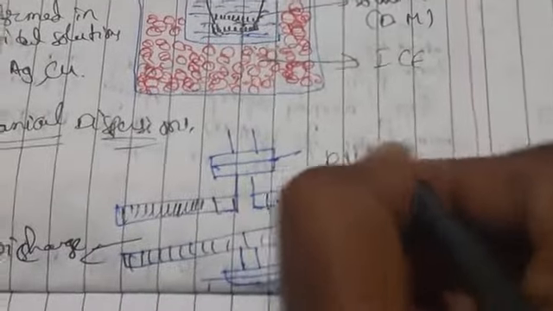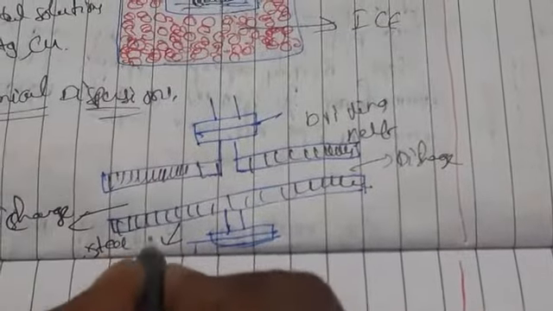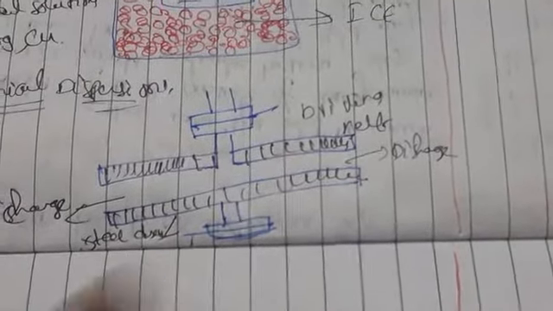So this is the discharge. Driving belt, this is. So here this one we call it a steel disc, which is rotating in opposite direction. This will rotate in opposite direction. So here you have to keep a.